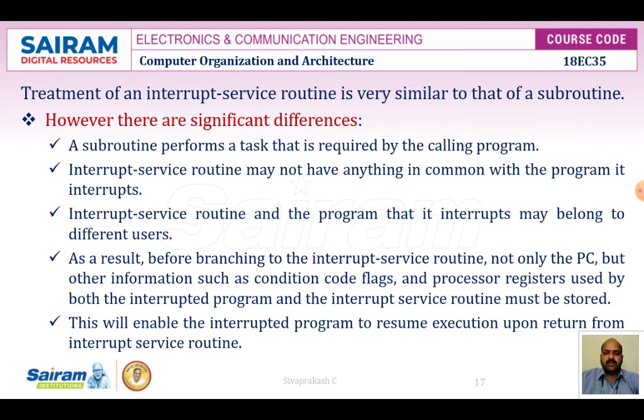As a result, before branching to the interrupt service routine, not only the program counter but also other information such as condition code flags and the processor registers used by both the interrupted program and the interrupt service routine must be stored. This will enable the interrupted program to resume execution upon return from the interrupt service routine.